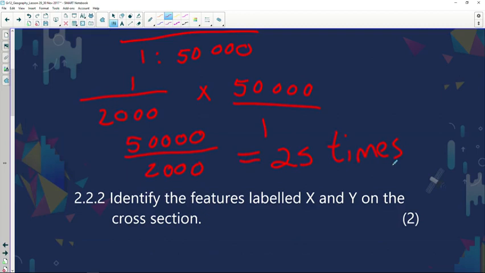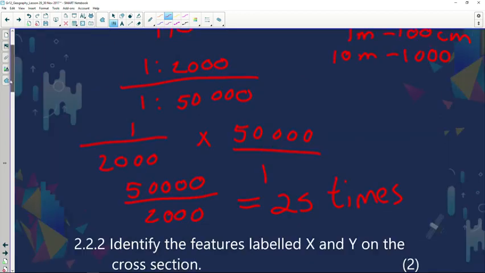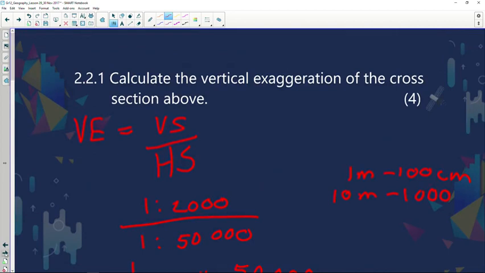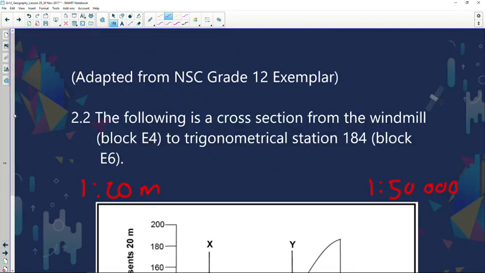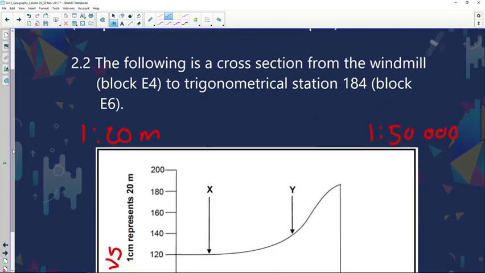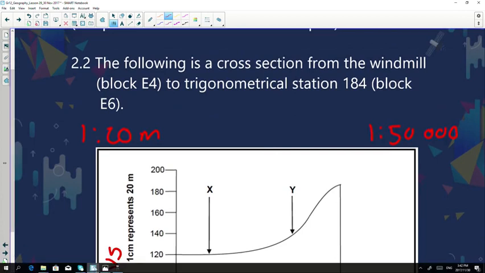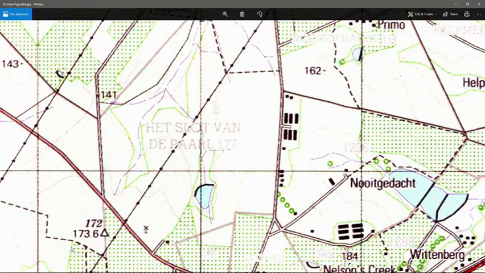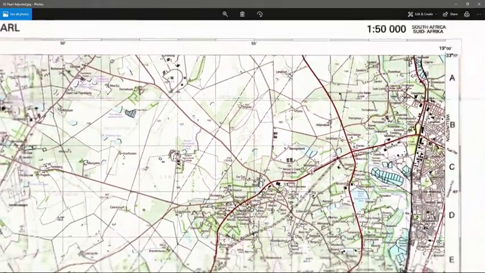Now identify the feature labeled X and Y on the cross section. So basically what we need to do, the cross section has been drawn from the trig station 184 in E6 to the windmill in E4. Now let's just quickly have a look if you can find it. E4 to E6.